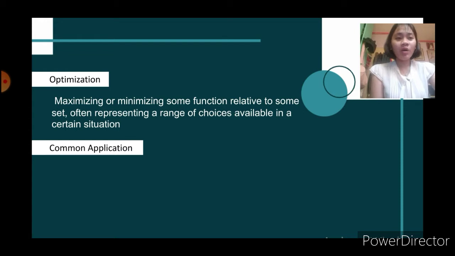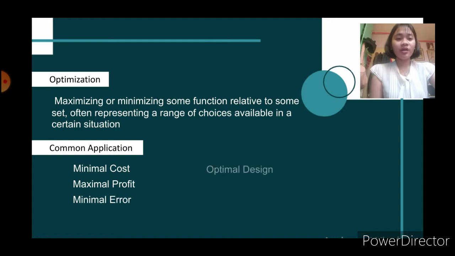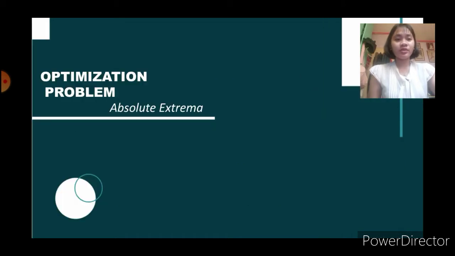So, the common applications of optimization are minimal cost, maximal profit, minimal error, optimal design, optimal management, variational principles. So, next, lilipat naman tayo sa optimization problem, which is absolute extrema.